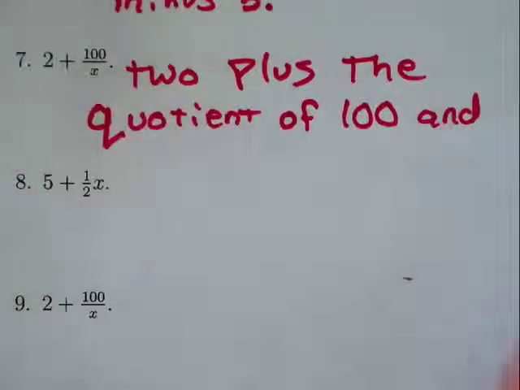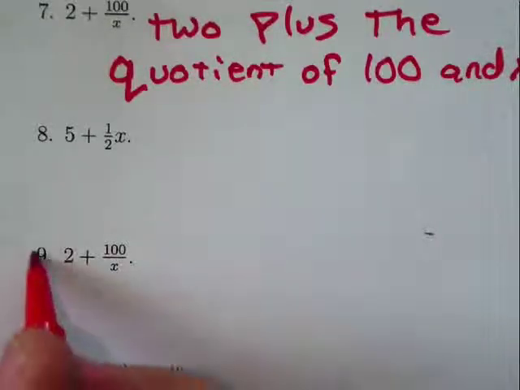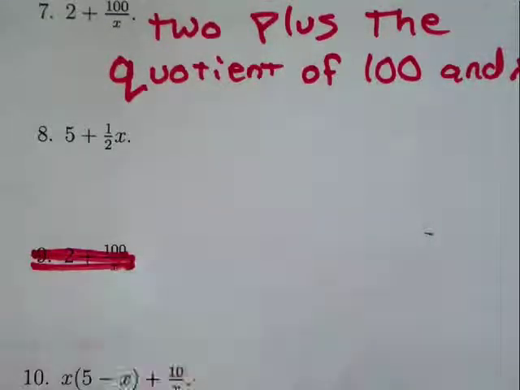So 100 and x, and that's the answer for number 7. Oddly enough, that's also the answer for number 9, so we don't need to do number 9 because it's the same problem.